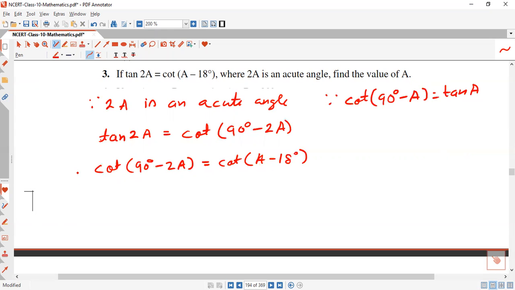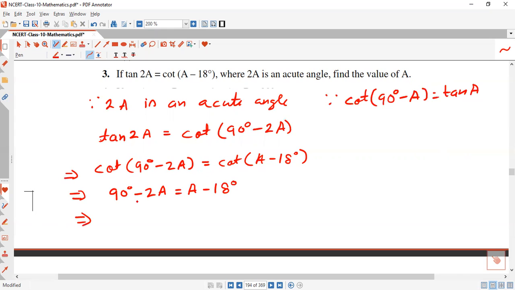Since both are cot functions and they are equal, their angles are also equal. So 90 degrees minus 2A must be equal to A minus 18 degrees.